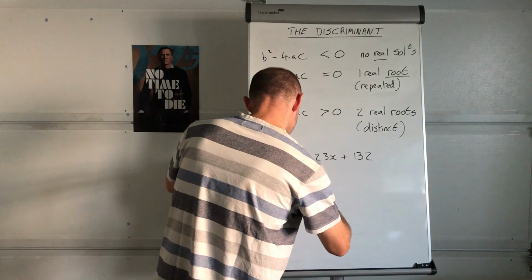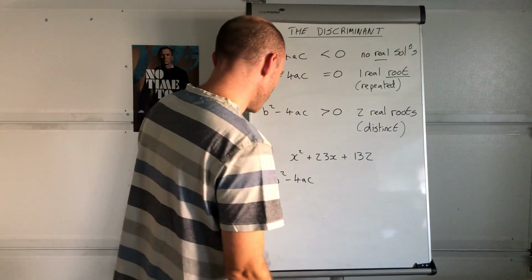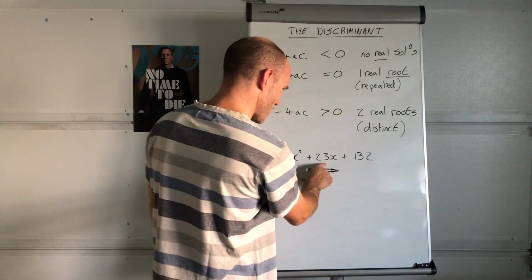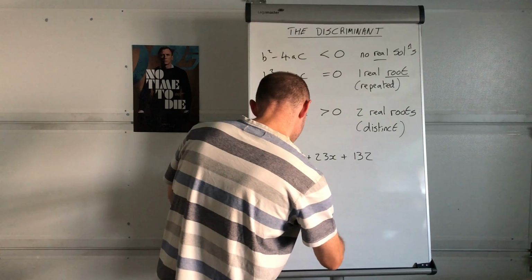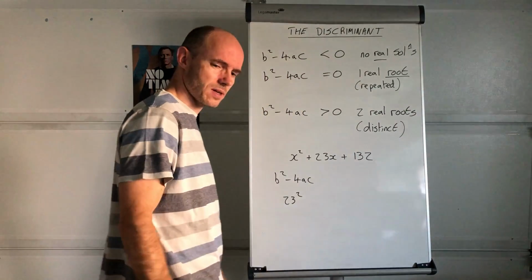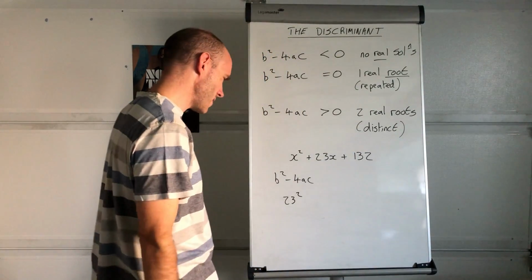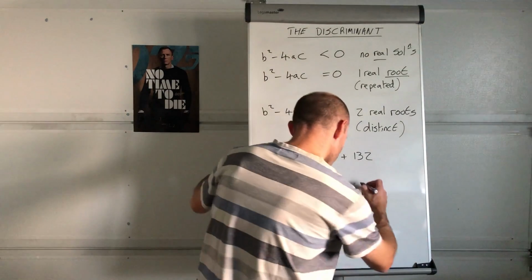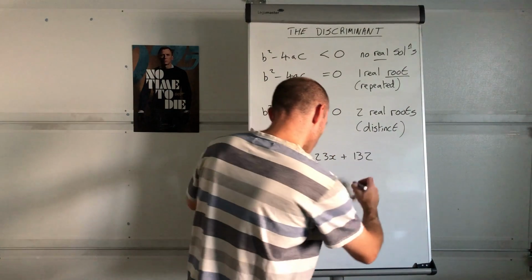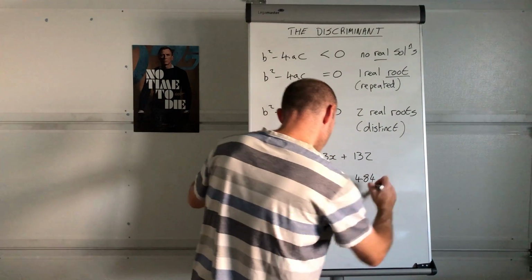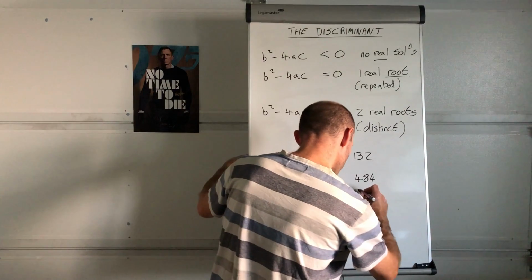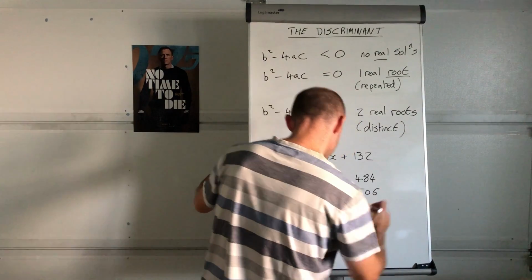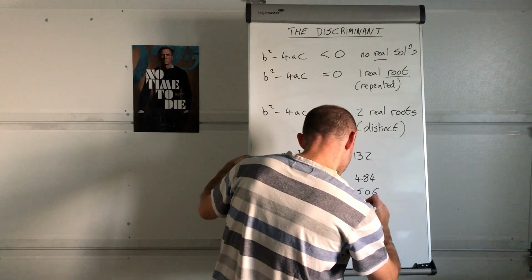B squared minus 4ac. What you do is you square that, 23 squared. I've gone and done it now, and I've given myself one that I don't know the square number of. So let's see, 22 squared is 484, so if I add on 22, I get 506, and if I add on 23, I get 529.